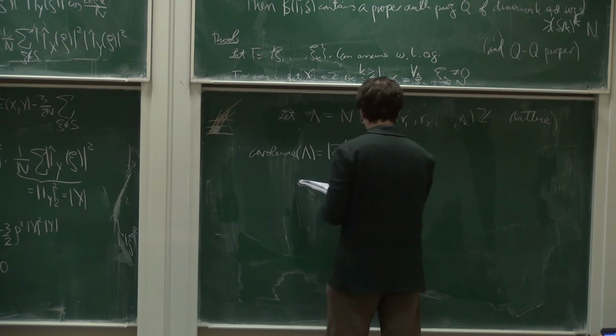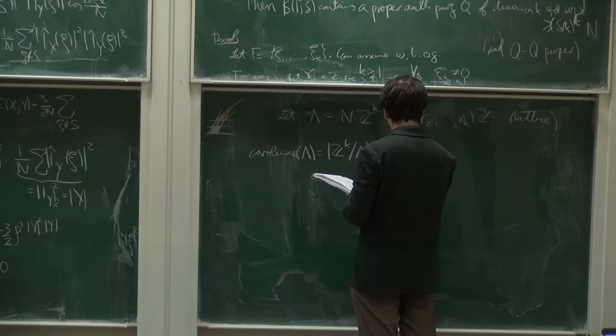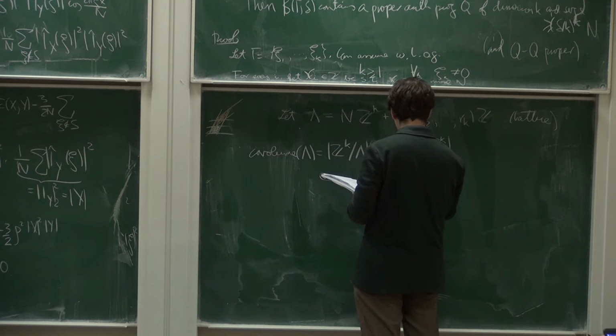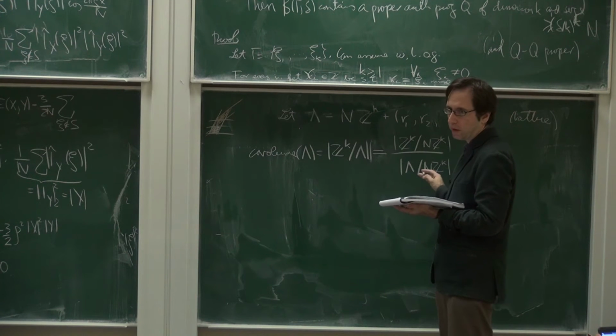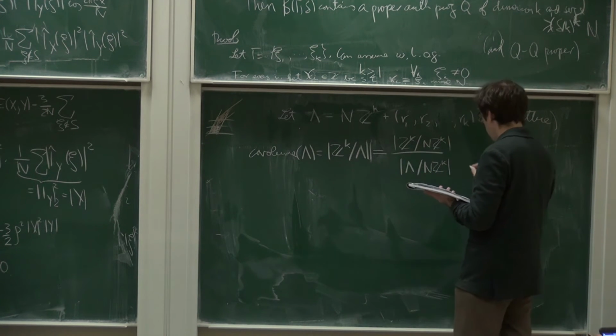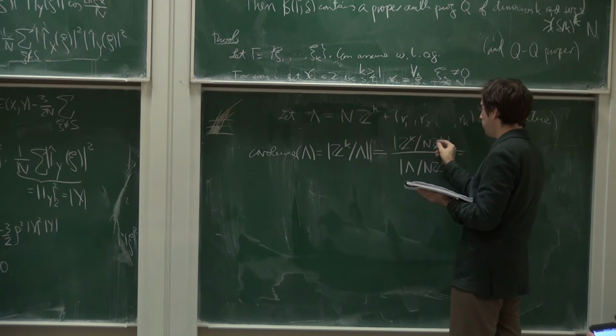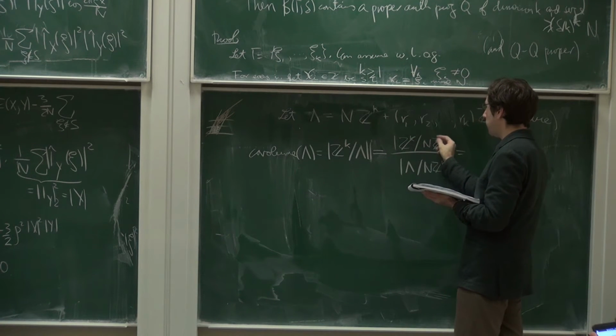Very well. So, what is this? Everybody comfortable with this? So it's just, I have 3 subgroups. This is true even for non-abelian groups. And what is the index of nZ^k in Z^k? What is the order of this finite group?